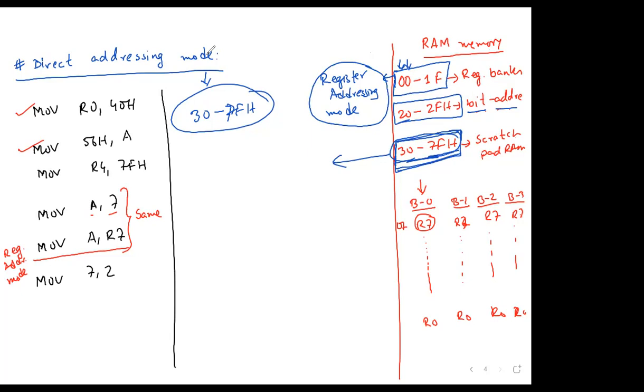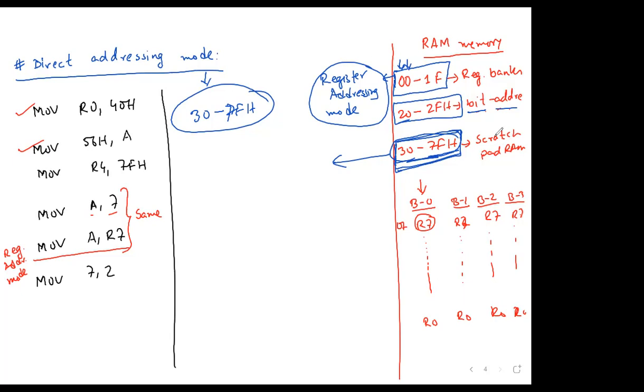So can you repeat again? Which portion? The last portion, that why can't we use register addressing mode here? In scratchpad RAM, do you have any name of the memory locations? Like in this bank, I'm saying that in bank 0, the names of the registers are R7, R6, R5, and so on.